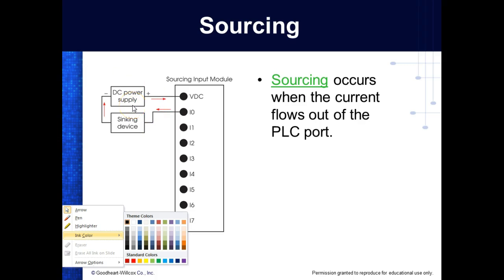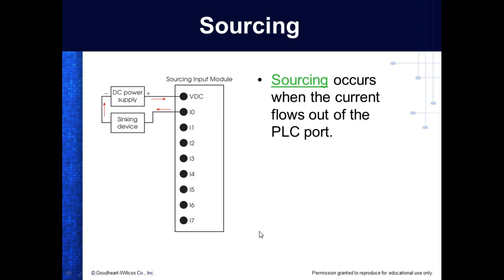So this is what we're going to do, and we're going to modify this a little bit. So what we have on our PLC, you're going to have one terminal that's going to be labeled common.